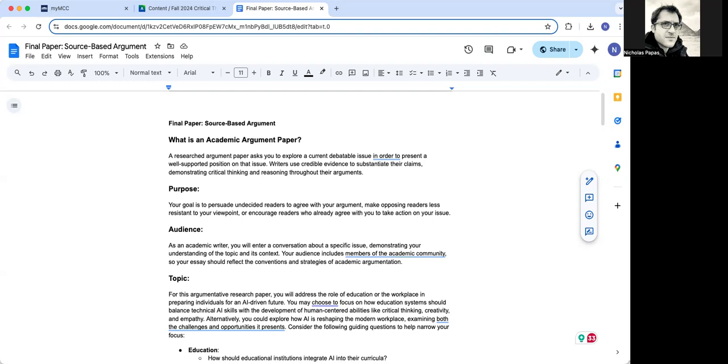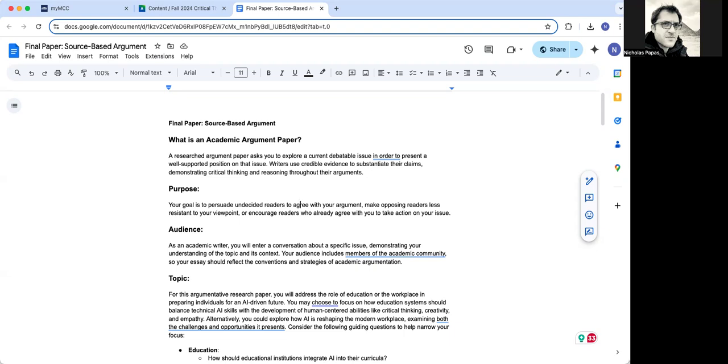So one way to do this is to think of your sources as voices in a conversation, and your job is to facilitate that conversation and guide it toward your main point, your main arguable thesis statement. So you may start by looking across your annotations for patterns.